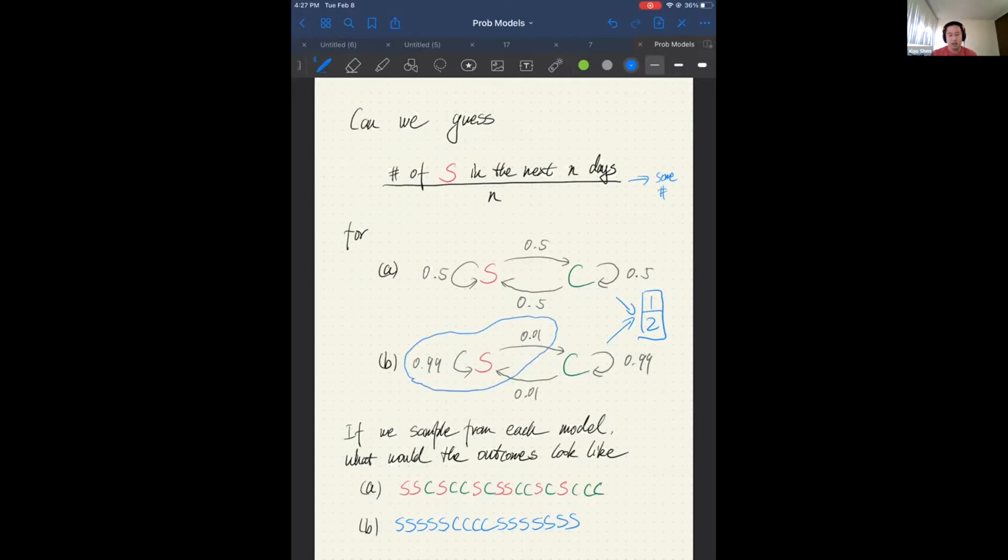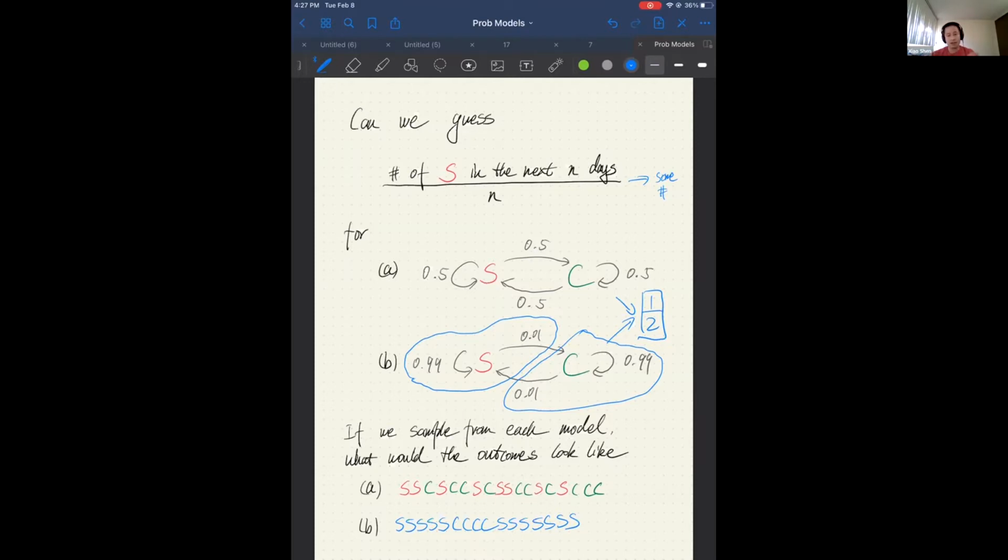So this just says if currently we're at the state S with probability 0.99, we'll just stay at S. And then with probability 0.01, we're going to jump to some other state, in this case, C. And for the other side, it's just going to be this, right? So this just says if we are at C, and then again, with just the same probability 0.99, we're going to stay at C. And then with the same small probability 0.01, we're going to jump to S.